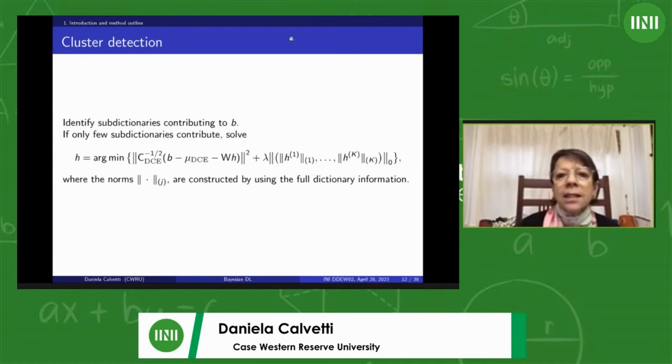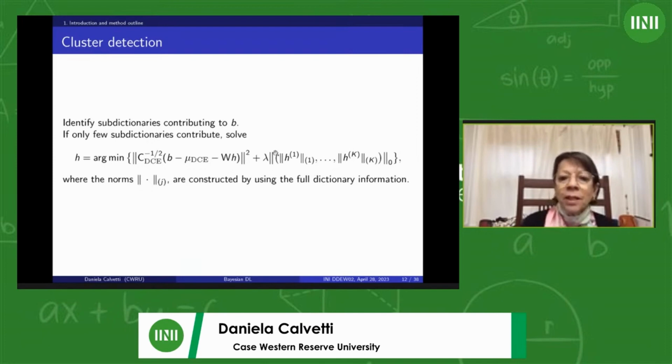The other thing that we want to take into consideration is that we want the support of the vector that consists of norms, but these are not two norms, these are special norms of the segments of H that correspond to the block of columns of the reduced dictionary coming from the sub-dictionaries.